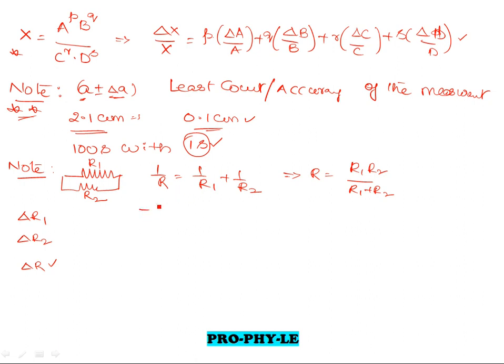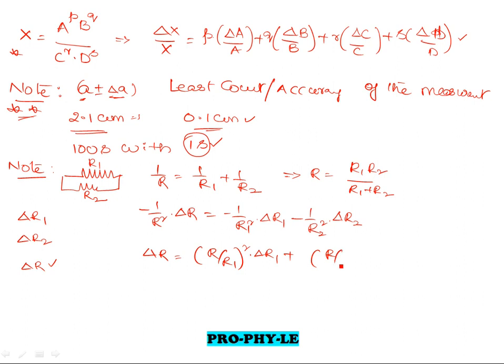If I differentiate on both sides, minus 1 by R square into delta R will be equal to minus 1 by R1 square into delta R1 minus 1 by R2 square into delta R2. From this, delta R will be equal to R by R1 whole square into delta R1 plus R by R2 whole square into delta R2.